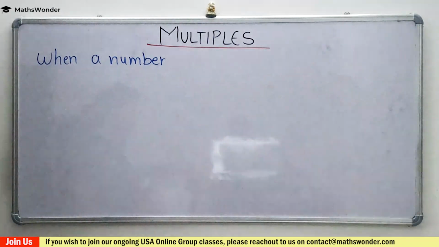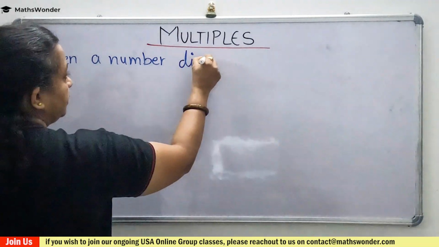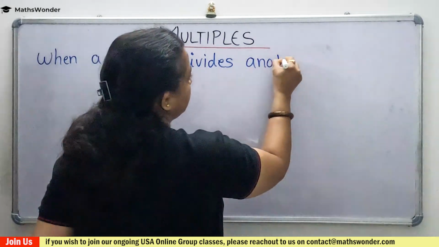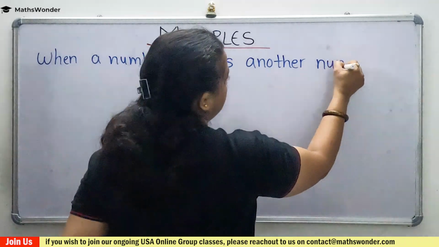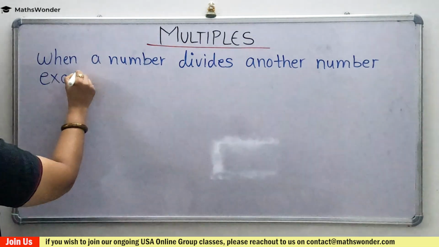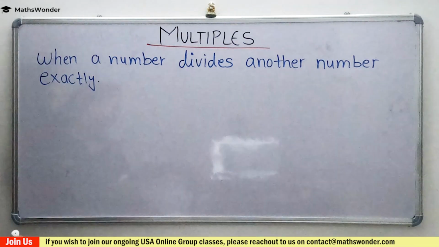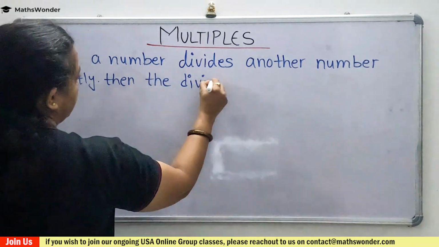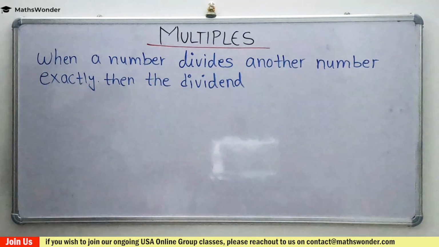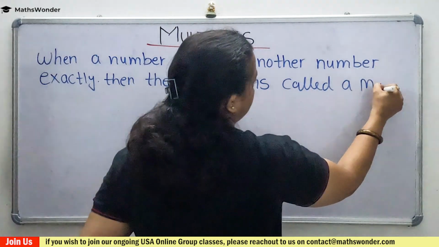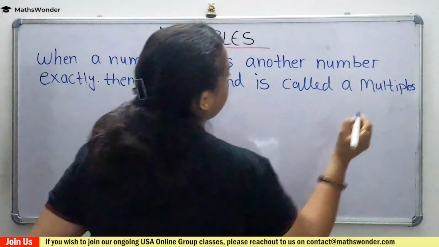Multiples: when a number divides another number exactly, then the dividend is called a multiple.